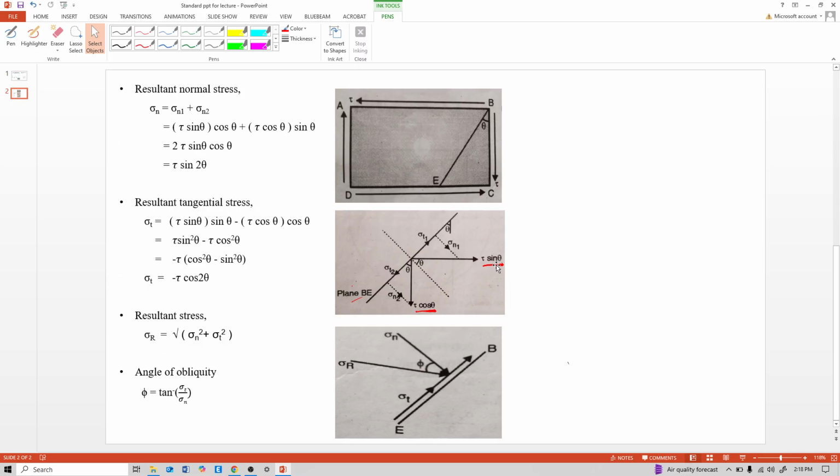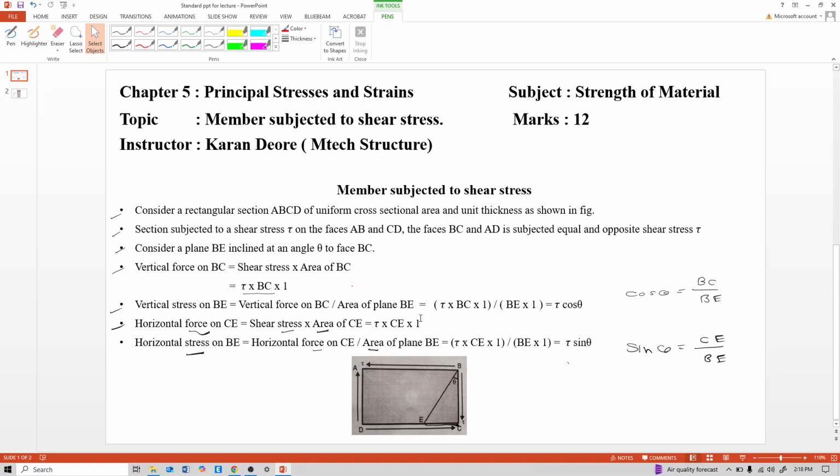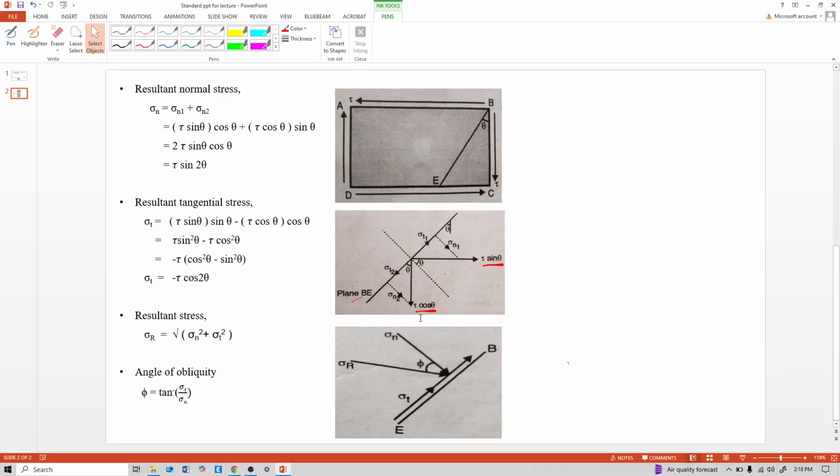So tau sin theta is the horizontal stress on inclined plane BE and tau cos theta is the vertical stress on inclined plane BE. And these are the normal stresses sigma n1, sigma n2, and the tangential stresses sigma t1 and sigma t2.